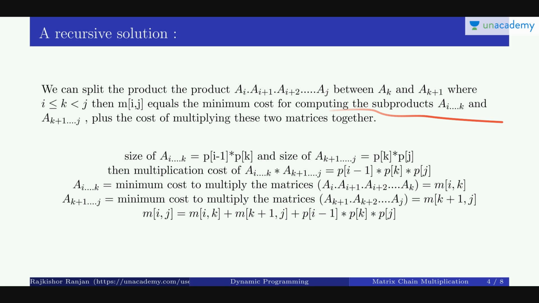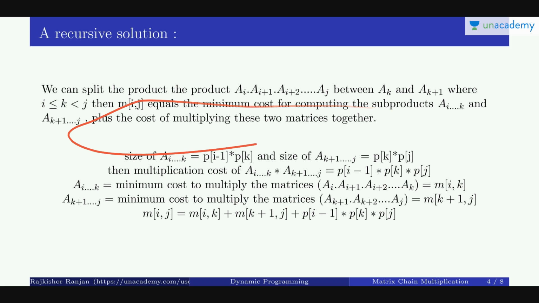Here a(i..k) is the matrix formed after the multiplication of matrices ai to ak, and a(k plus 1..j) is the matrix formed after the multiplication of matrices a(k plus 1), a(k plus 2) dotted to aj. Plus the cost of multiplying these two matrices together.